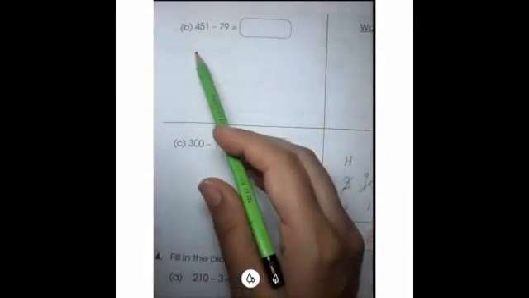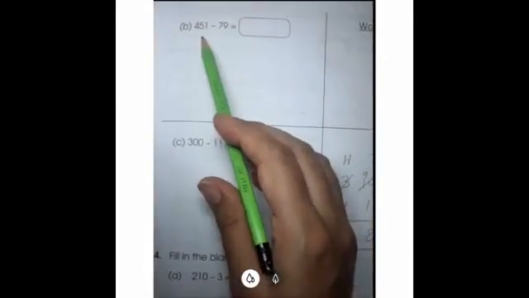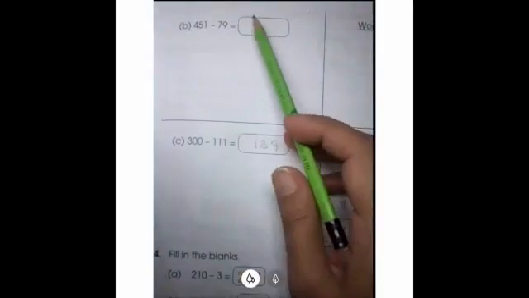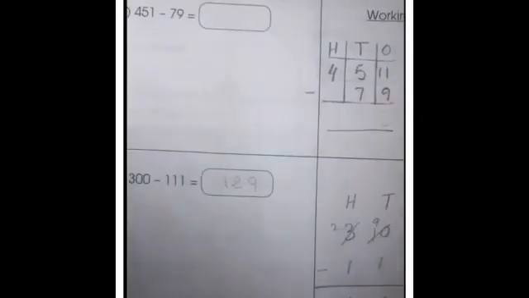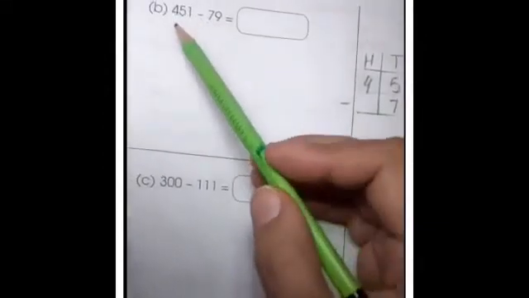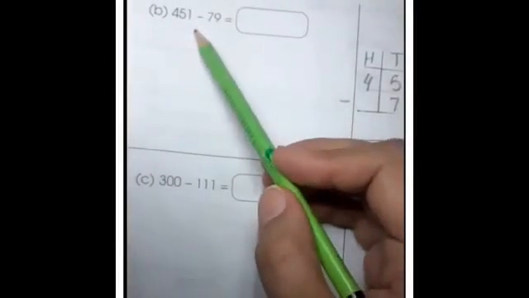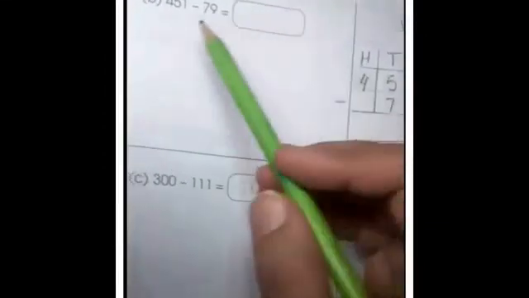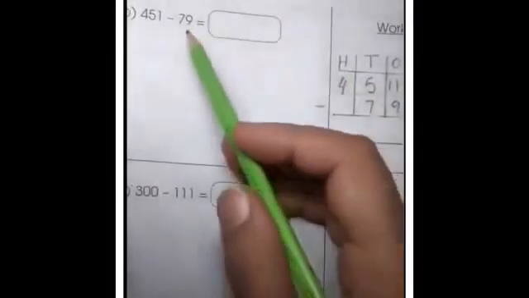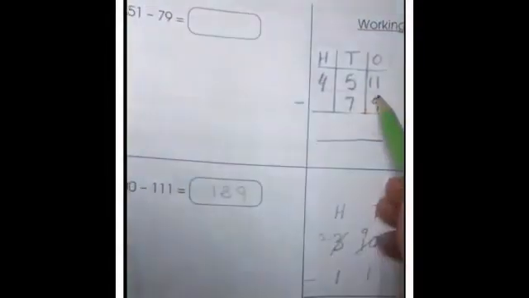It's B part. There are two numbers, 451 minus 79 is equals to dash. So I have written here place values, ones, tens, hundreds, because you can see there are 3 digits. Okay, now put this number in the first row, and in the second row you will put the second number. Okay, start from ones place.